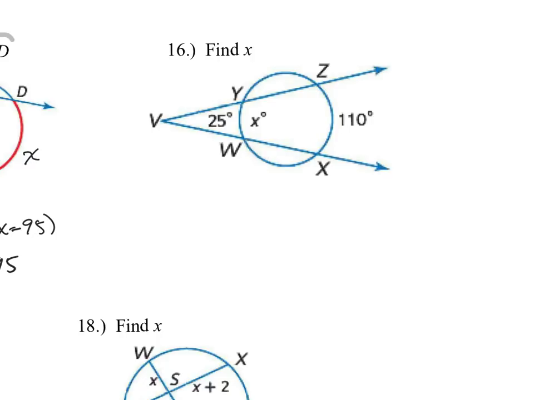In other words, 25 degrees is equal to 1/2 the difference of the two intercepted arcs, and you always want to take the bigger arc first. That would be the 110 degree arc, minus the smaller arc, minus x. Start this one like we did last time, multiplying both sides by 2, and then solve for x.